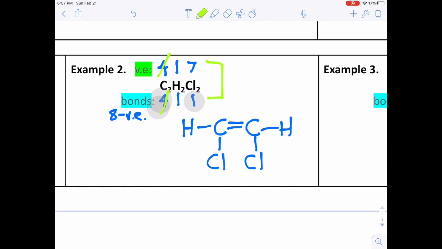And with the hydrogens, the 1 valence electron it has is in the bond, so there's no dots around those. But the Cl, when I look at it, has 7 valence electrons and only 1 is in the bond. That leaves 6 dots around it, 6 unshared electrons.